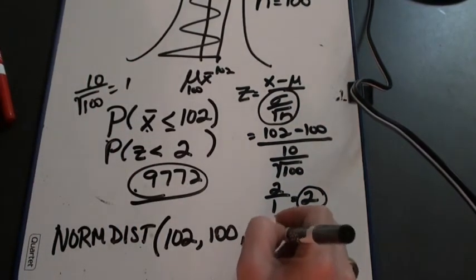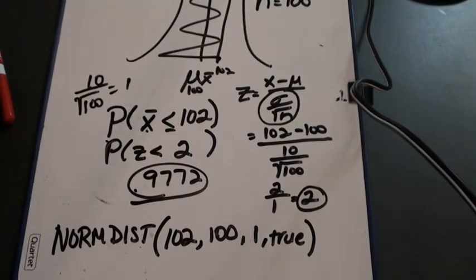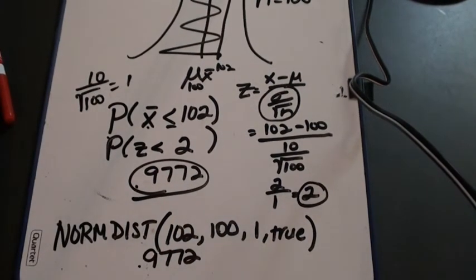Then we'll put true, just like before. So when we put that into Excel, we have the normal distribution, 102, 100, and then 1 for our standard deviation, because it is the standard deviation of the sampling distribution. True. And the answer using the computer is 0.9772, just like what we got doing it by hand.